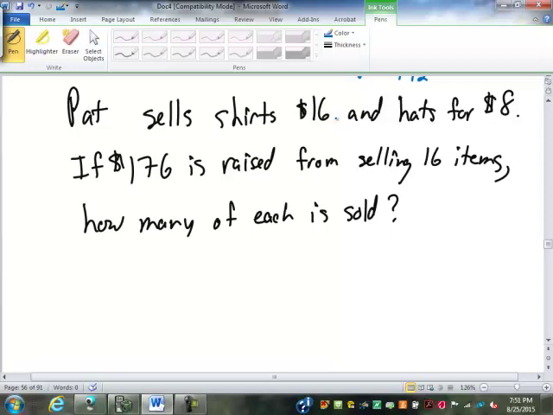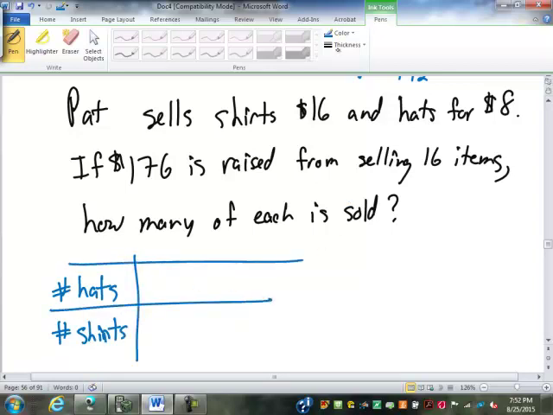This one's actually quite a bit more complex than the last couple we've solved. So we're looking at number of hats and number of shirts. And I'm going to start out by defining the number sold. Because that's what we're looking for, is the number of each that are sold.